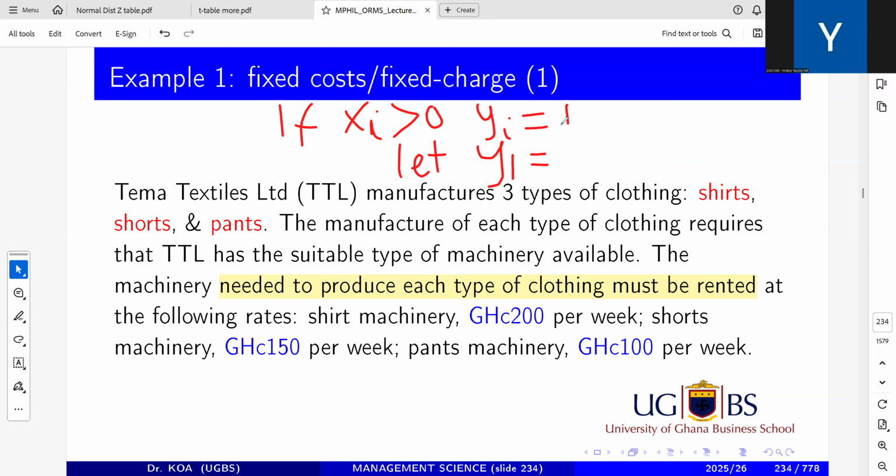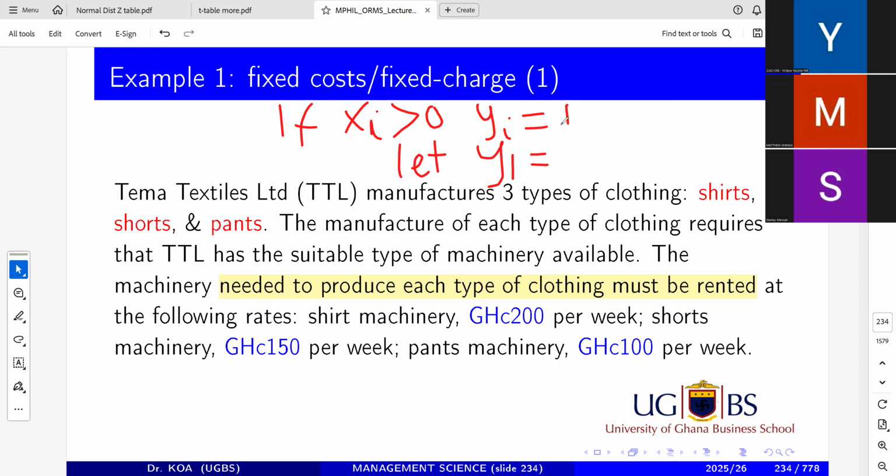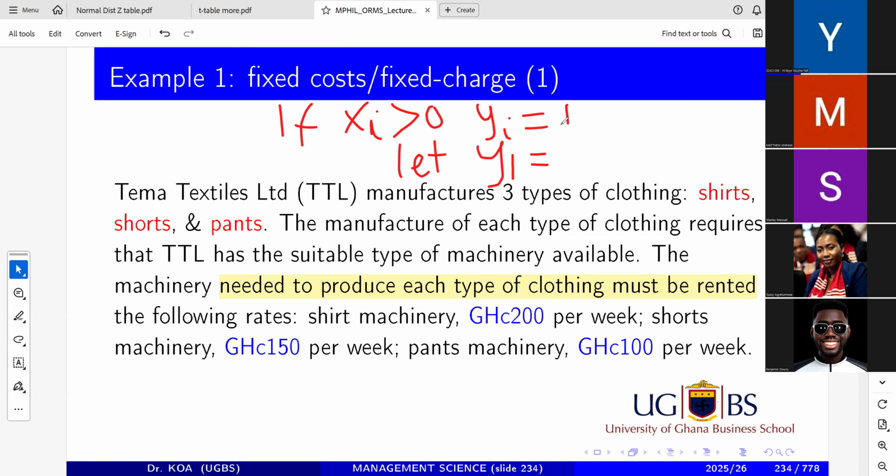If I'm not going to produce X1, then I don't even need Y1, and I shouldn't write it as though it's going to be 1 all the time. Okay. Let Y1 be the machinery needed to produce X1, and I'm saying X1 because we end up producing X1. That one we understand. But there's a condition you've got to bring there. Let's see whether your colleagues will crack it. Susie.